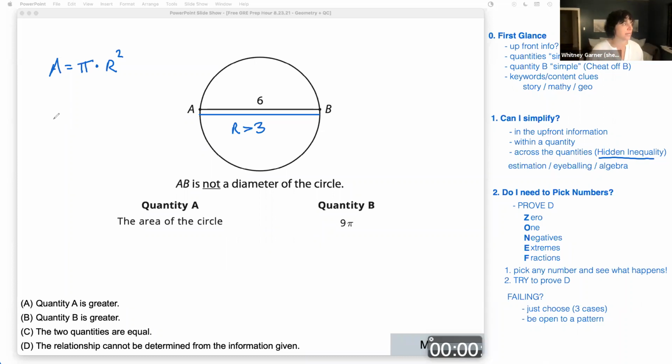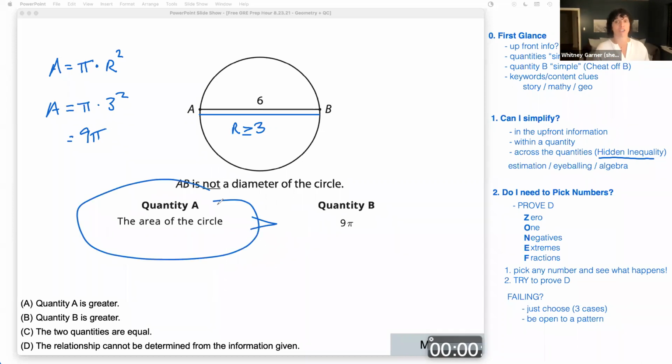If the radius was 3, the area would be pi times 3 squared, or 9 pi. However, I know that the radius is greater than that. I don't have to pick a bigger number. I can just show that it will never be equal to 9 pi. It will always be larger than 9 pi, giving me the correct answer of answer choice A.